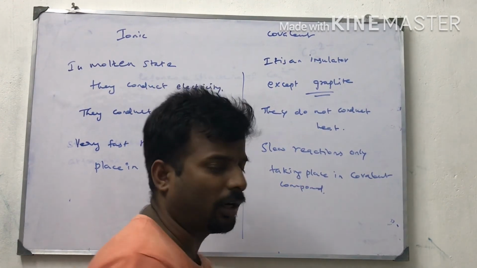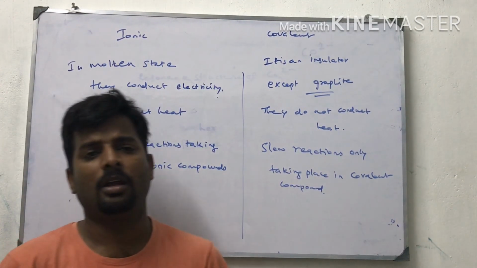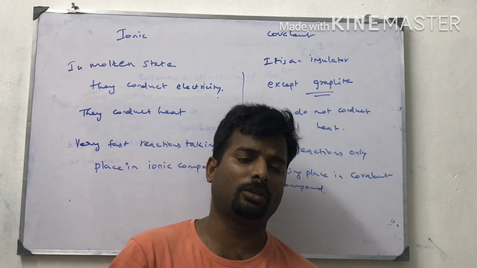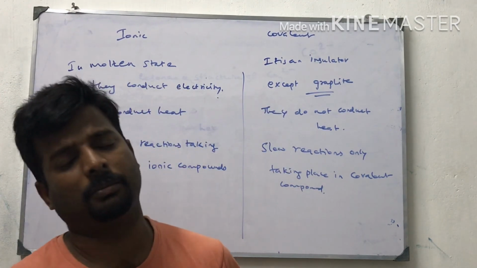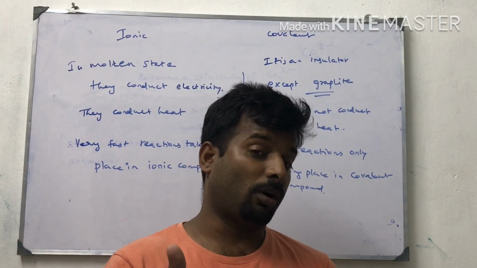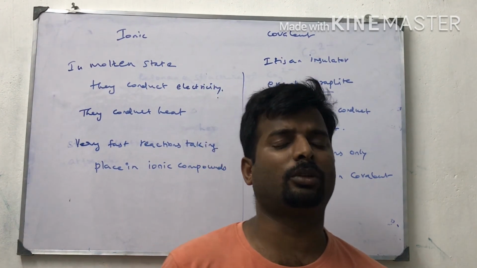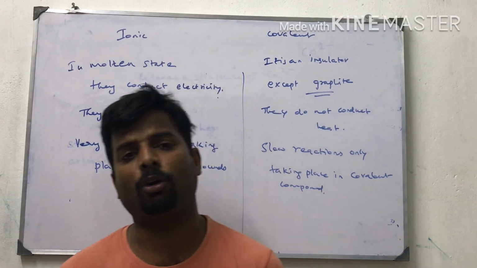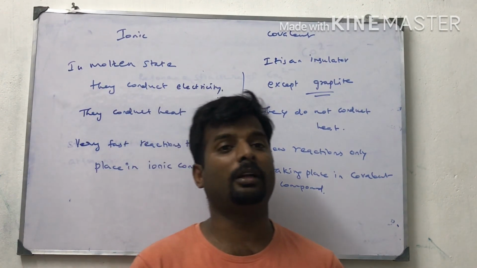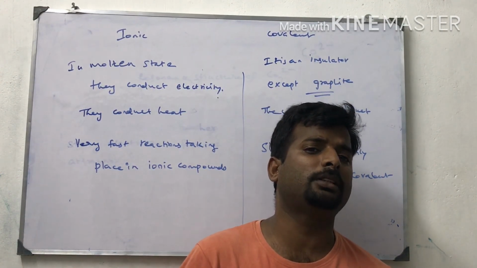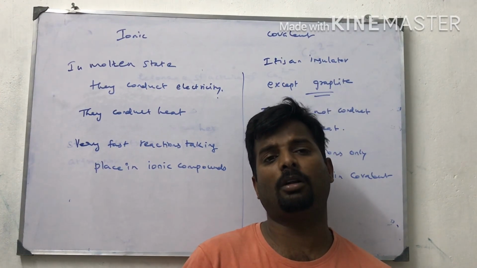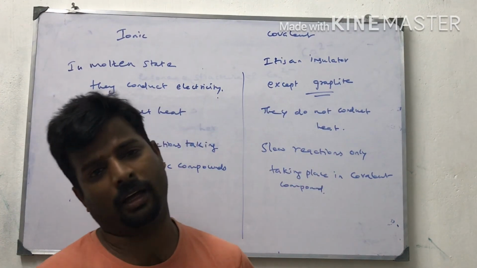Ionic compounds are non-directional in nature, so they do not form any isomerism. But covalent compounds are directional, so they will form isomerism. What do you mean by isomerism? We learned in 10th standard. Isomerism means same molecular formula but different structural arrangement.